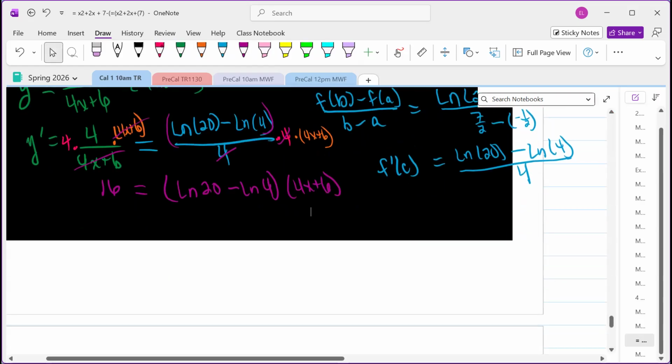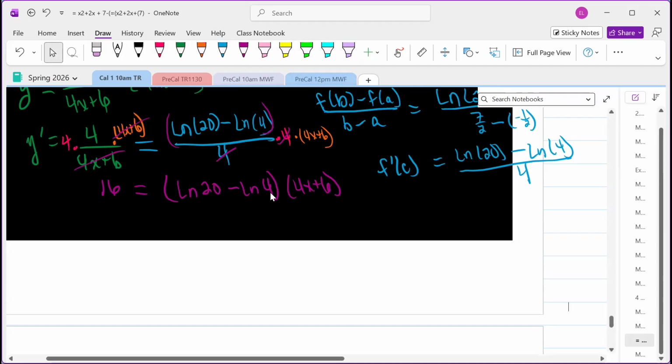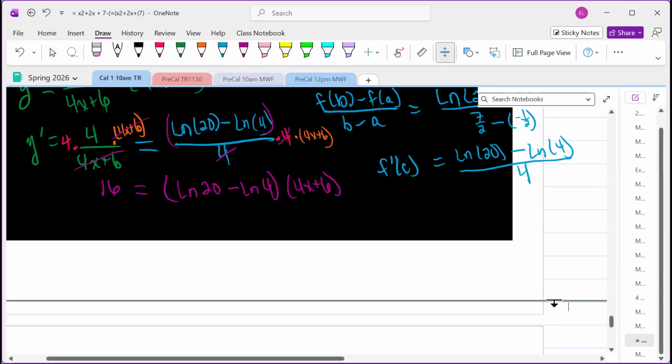Now I say that thing times 4x plus 6 because that thing is a number. I don't want to FOIL that out when one of the pieces is just a number. I don't need to multiply this out. I'm just going to divide by the horrible looking number part.